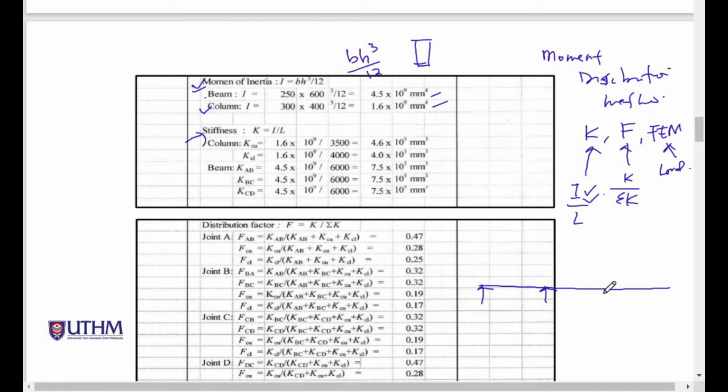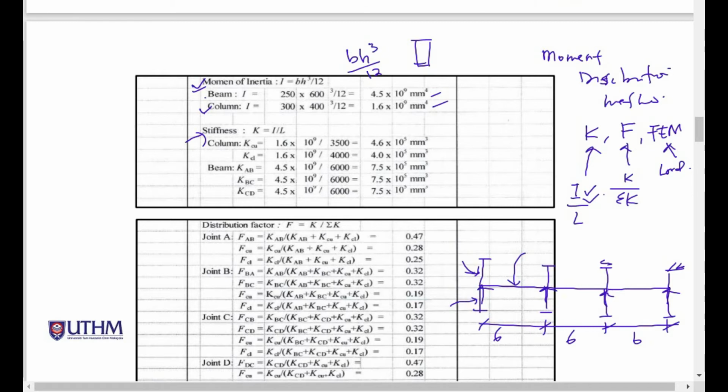So this is the continuous span, and each of these spans has a length of 6. Also, every joint has a column. So this is the upper column, and here is the beam, and here is the lower column.